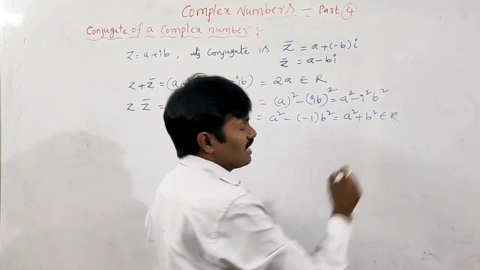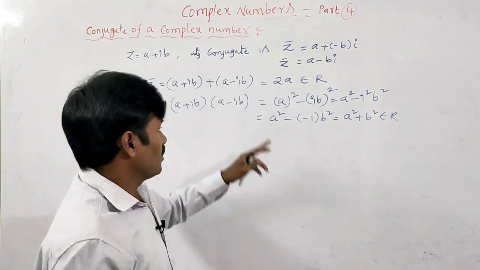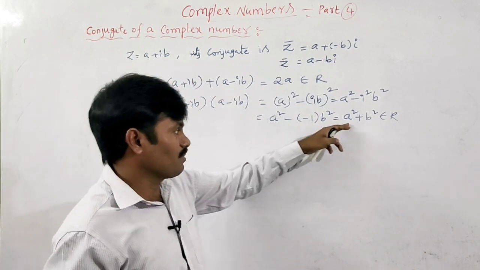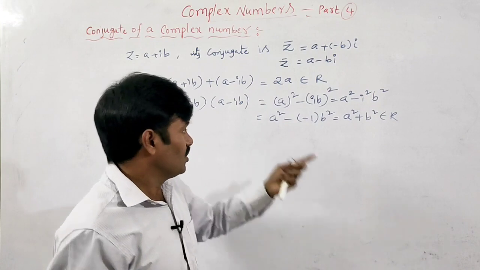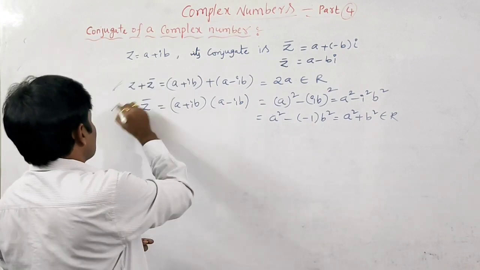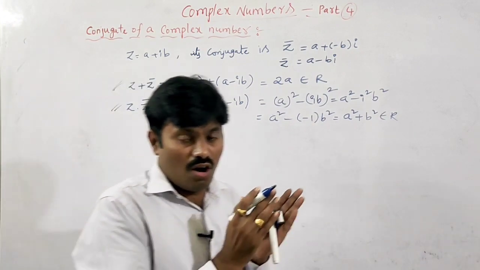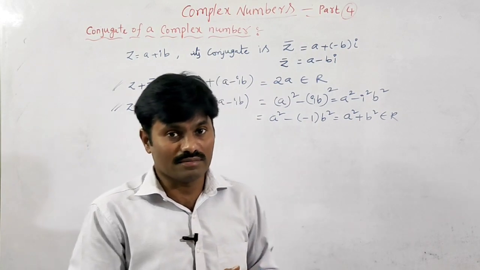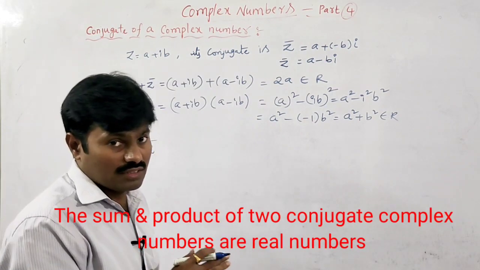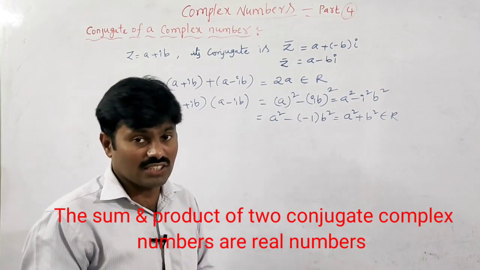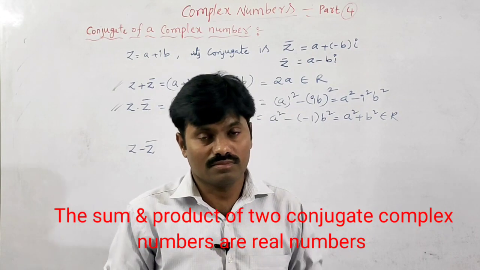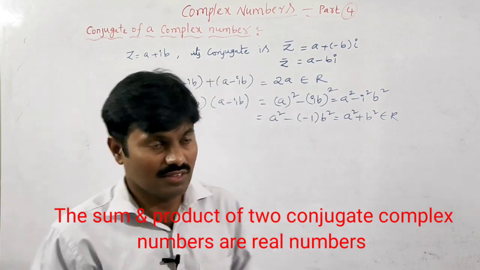It is also a real number. Since a and b are real numbers, a square plus b square is also a real number. So the sum and product of a complex number and its conjugate is always a real number.